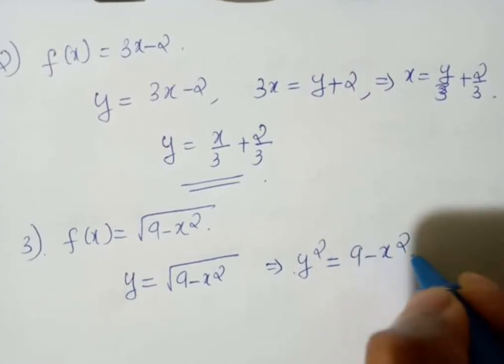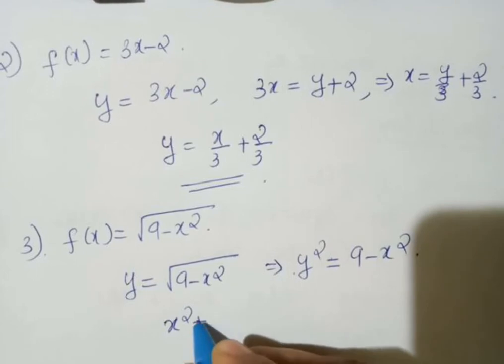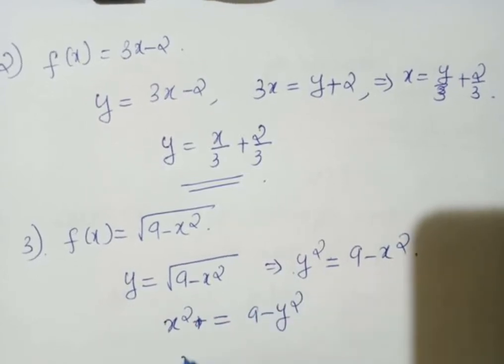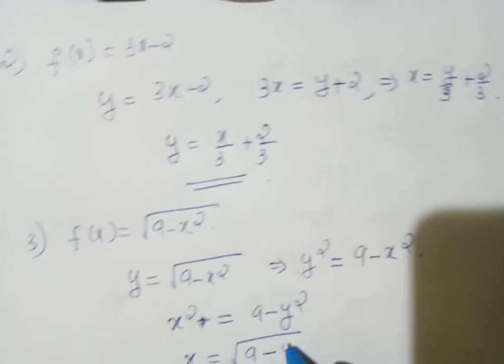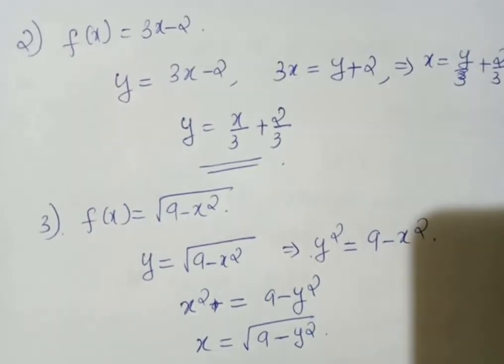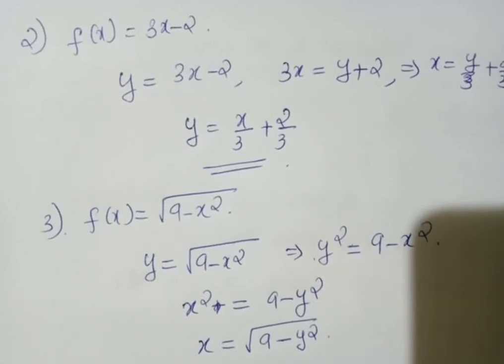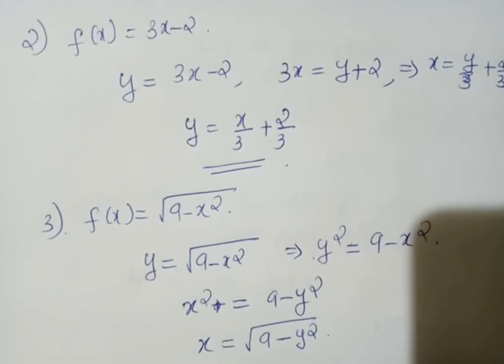So x square is equal to 9 minus y square, and x is equal to square root of 9 minus y square. The inverse is given by interchanging x and y: root of 9 minus x square, for x greater than or equal to 0.